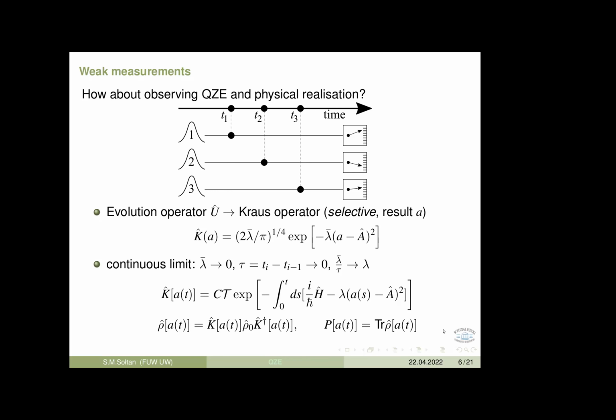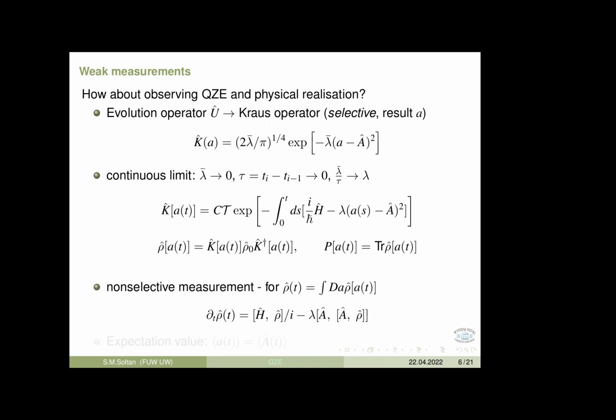Yeah, and this is more or less the goal of the analysis. We take such an expression and try to extract something from here. Actually, we could also define the non-selective density matrix if we integrate the specific density matrix that depends on specific outcomes over all possible outcomes.